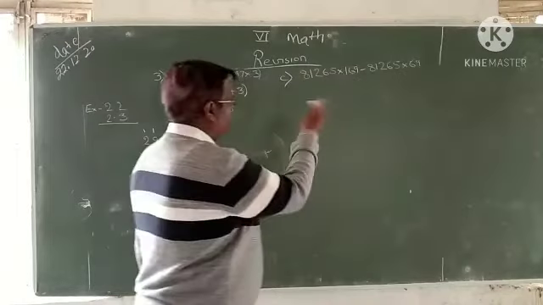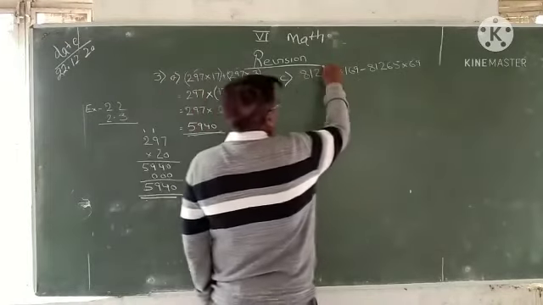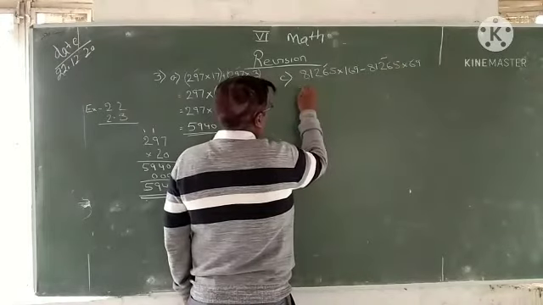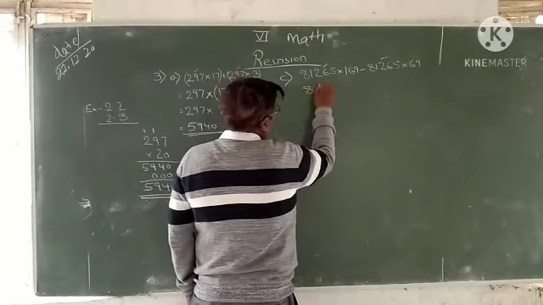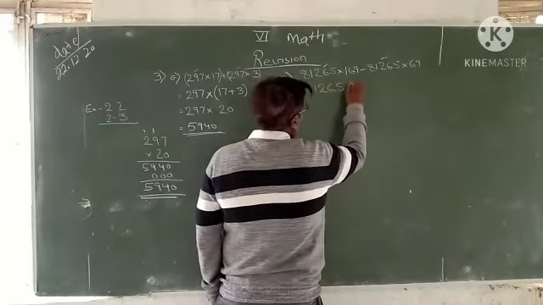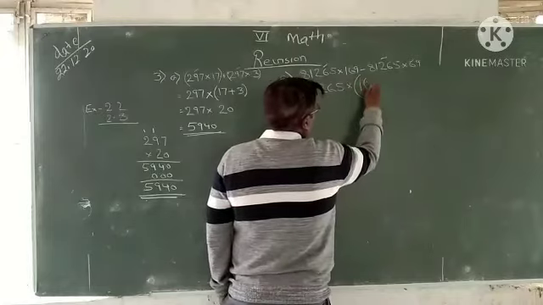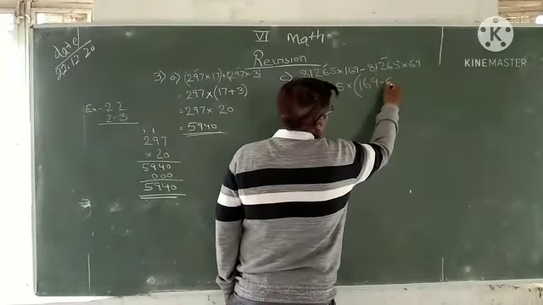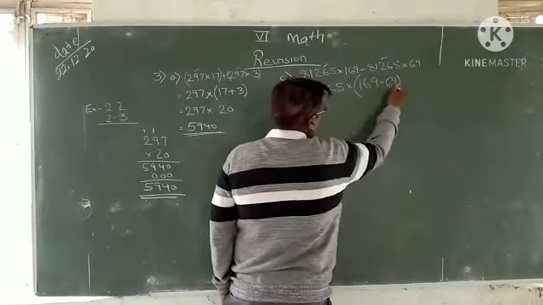So let's rearrange it. This number is common in both the cases. So write 81,265 into 169. We have a minus sign, put a minus sign and write 69.